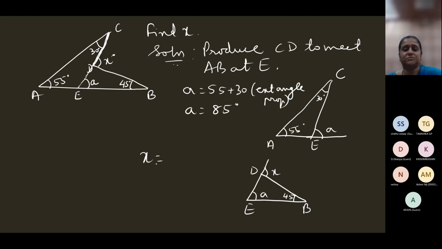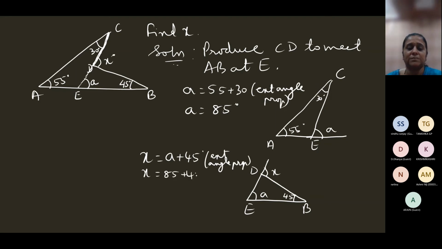X is equal to A plus 45, ma'am. A plus 45. Again, exterior angle property. So X is equal to 85 plus 45. X is equal to 130 degrees.